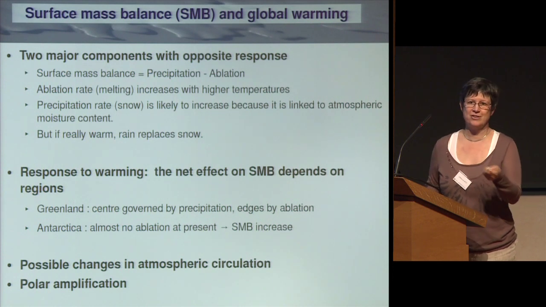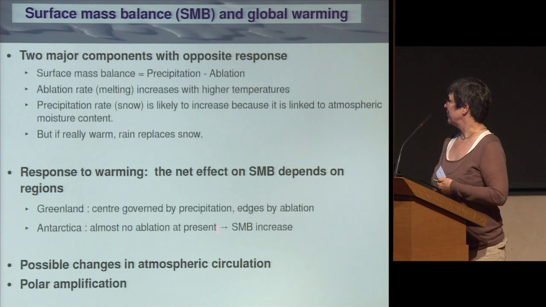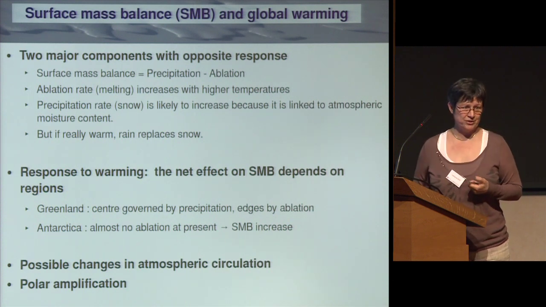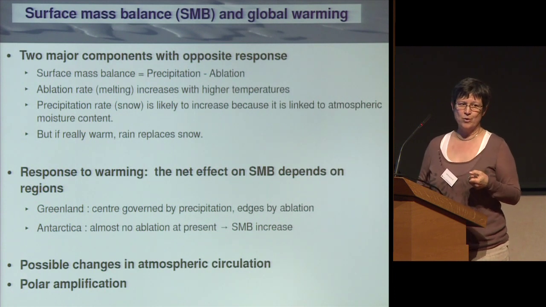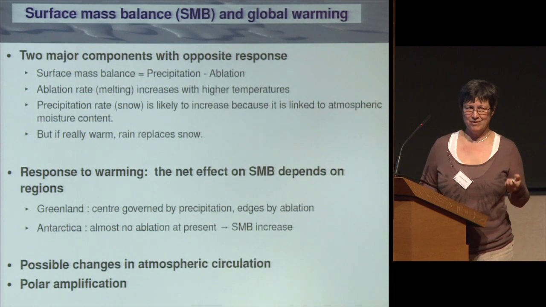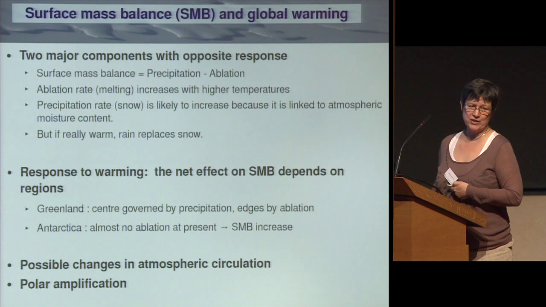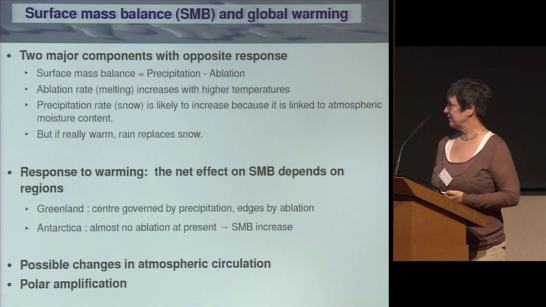There are a few patches of ablation in summer, but it is not substantial. So because there is almost no ablation at present, in case of a moderate warming, and moderate means less than 6 degrees, I would say, the surface mass balance is likely to increase.